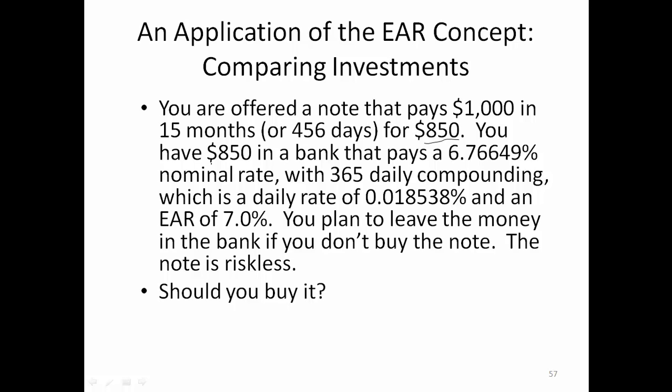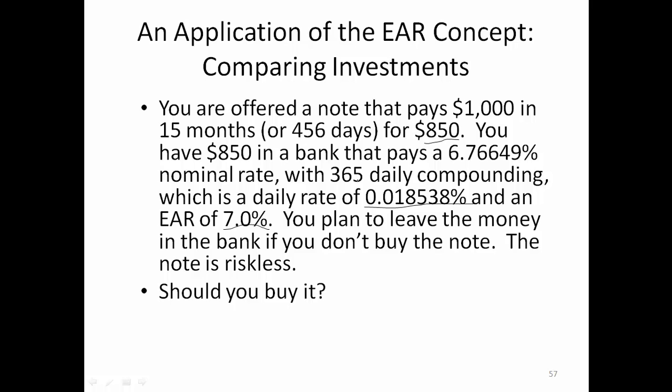You currently do have $850 in the bank that pays 6.76649% nominal interest rate with 365 daily compounding. If you use this number divided by 365, that gives you a daily interest rate of this much, which gives you an effective rate of 7.0%.